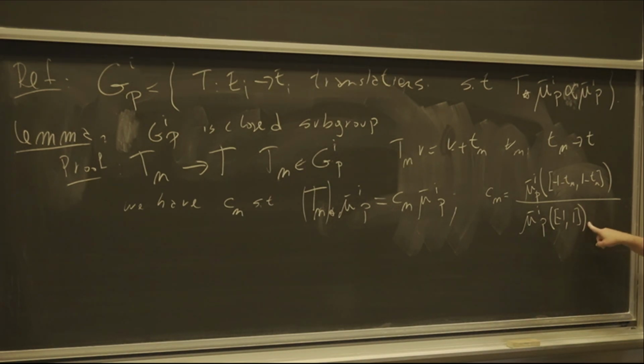Okay, and I'm dividing by something which is not 0. That's why I assume this condition 7. That tells me that this number is positive. So I'm happy.